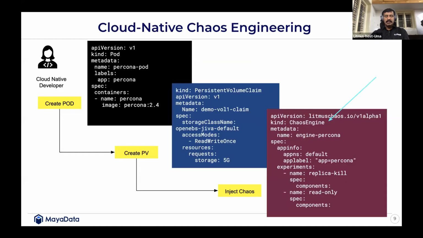So that's really how you can use Litmus. It is really an extension of your regular way of doing development or operations on Kubernetes. And that's primarily the main advantage of using Litmus for chaos engineering on Kubernetes compared to any other tool or project out there.